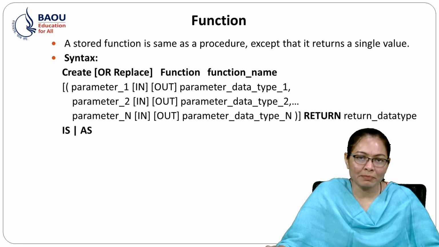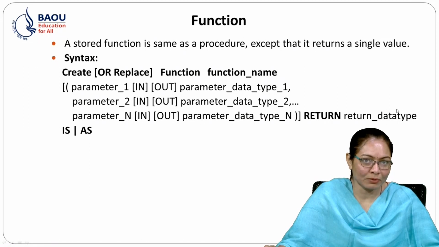Now, every PL/SQL function must have a return statement in the execution part. Here, the RETURN, then return data type. The RETURN is specified in the header part of the Oracle PL/SQL function, which specifies the data type of the value returned by the function.